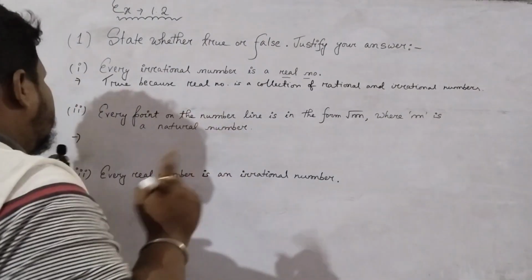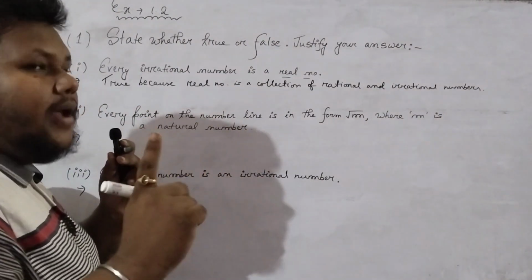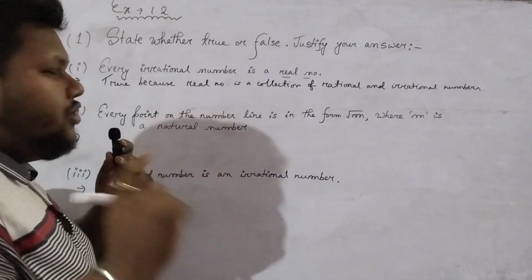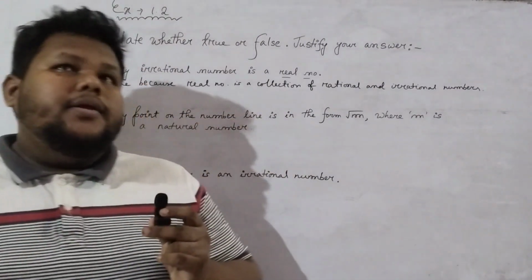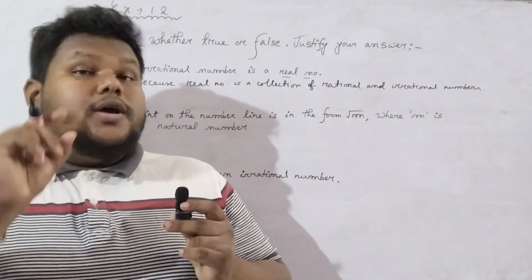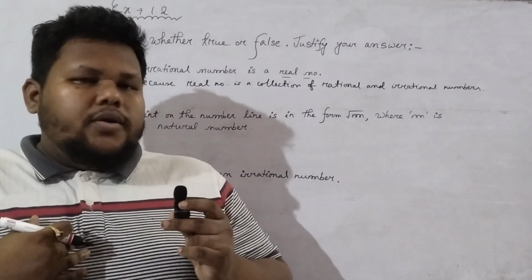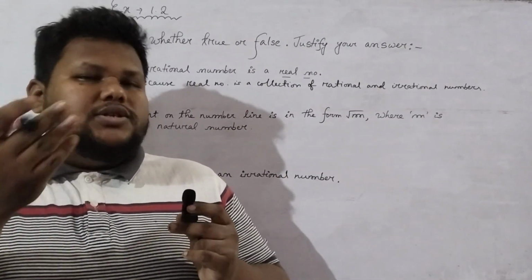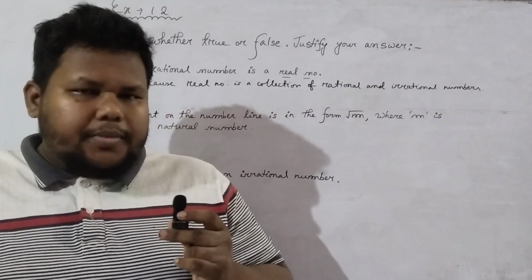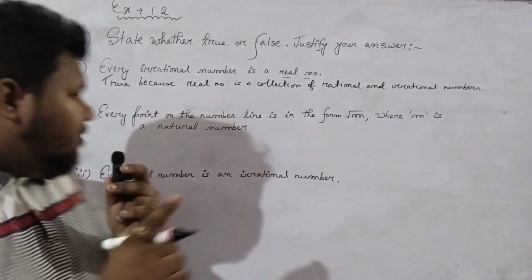All right. Next question. Every point on the number line is in the form of root over m, where m is a natural number. Now you see in a number line, we have positive numbers, we have negative numbers, we also have zero. Yes, we can express positive numbers and zero as the square root of any number, right? But can we express a negative number?